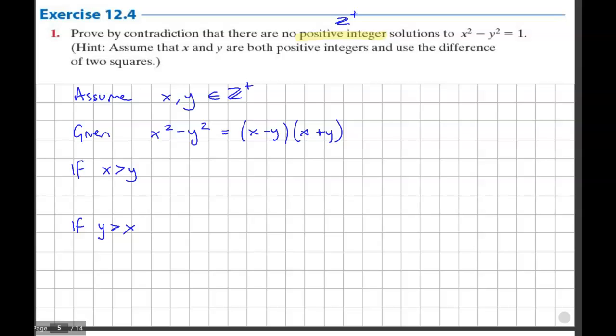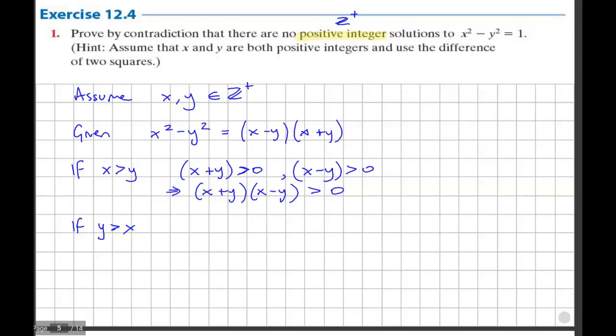If x is greater than y, then x plus y will certainly be positive, and x minus y will also be positive. If each of those individually is positive, then the product of those, i.e. the multiplication of them, is going to be positive.